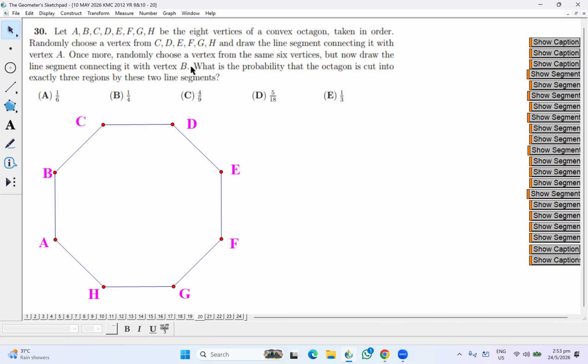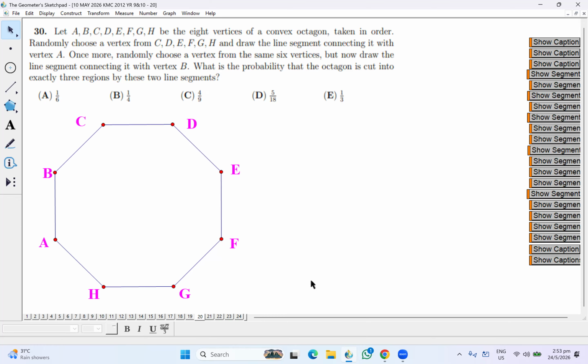What is the probability that the octagon is cut into exactly 3 regions? Okay. So again, this fella like to next question on ordering on how to order your cases. All the cases are not easy to calculate in general, so you need to see a pattern.